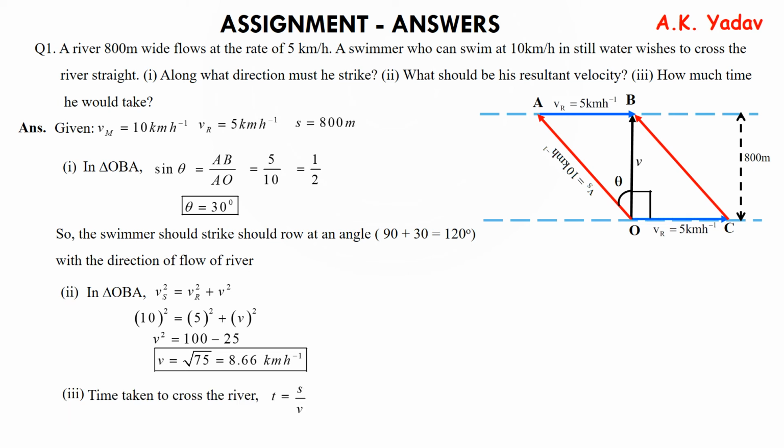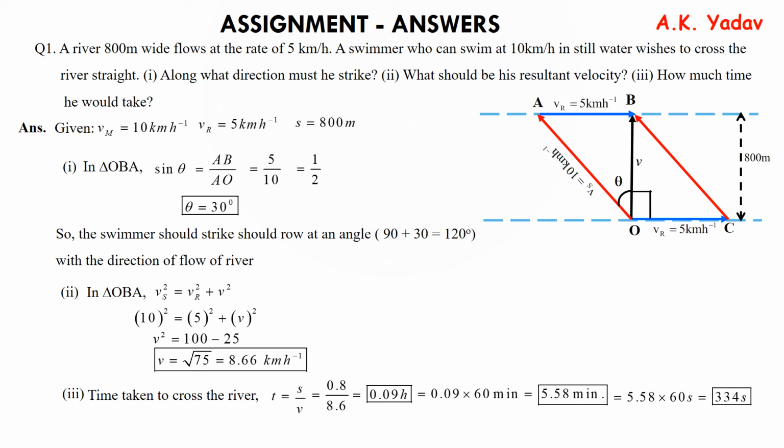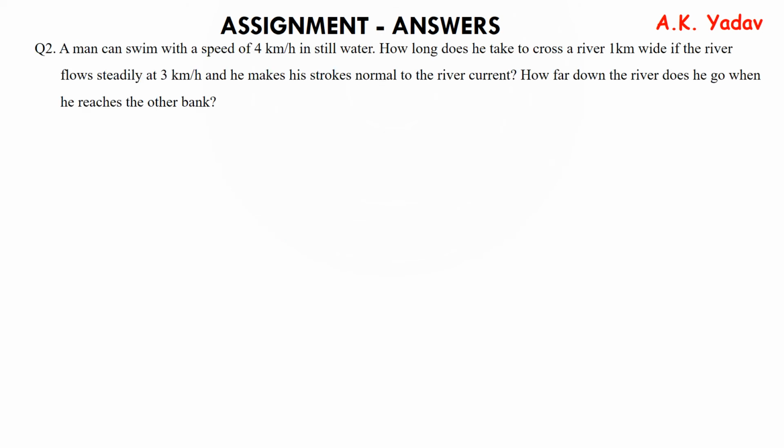And the time taken to cross the river is T is equal to S by V, that is 0.8 kilometer divided by 8.66, and that gives 0.09 hours, that is 5.58 minutes, that is 334 seconds.